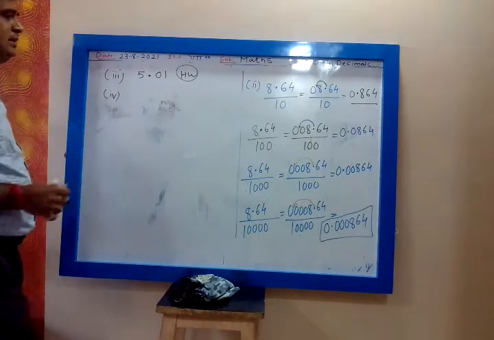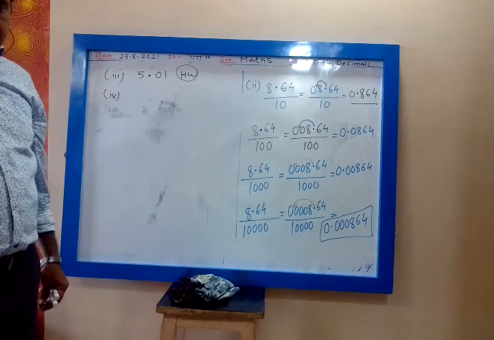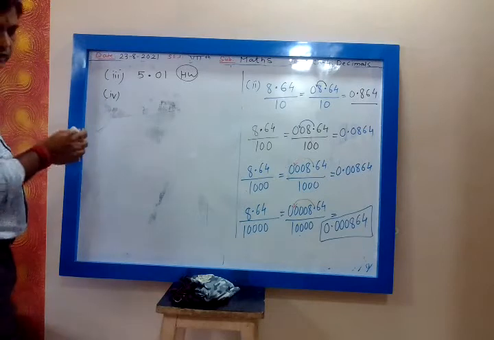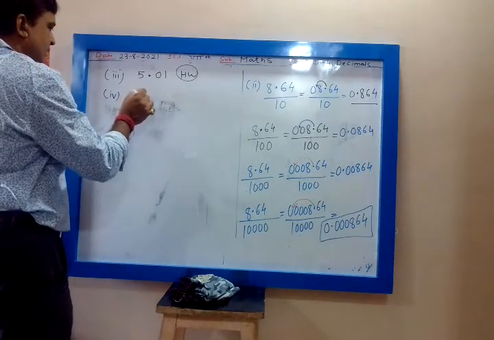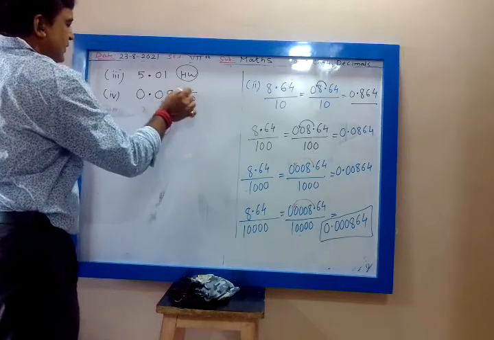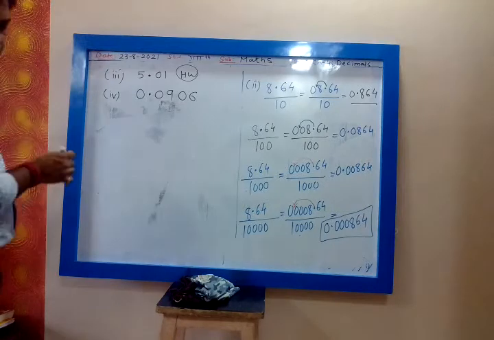Addition, subtraction, multiplication and division of decimal are a part of numerical problems in physics and chemistry. 0.09, 0.0906, then 0.125.